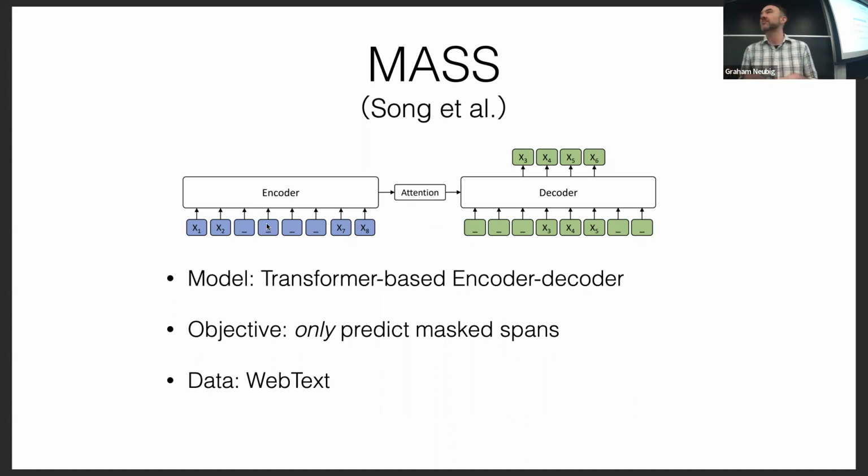And that's important because if we're doing summarization or machine translation, we want to make sure that the model has the ability to pass information from the encoder side to the decoder side. So in order to do this, in particular, to predict the first word in the output, you really need to have a good idea of what X1, X2, X7, X8 are encoding in order to make an accurate prediction over X3.